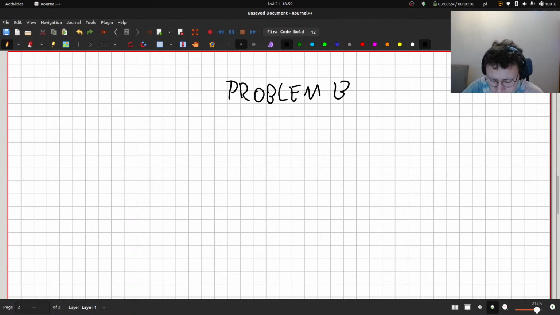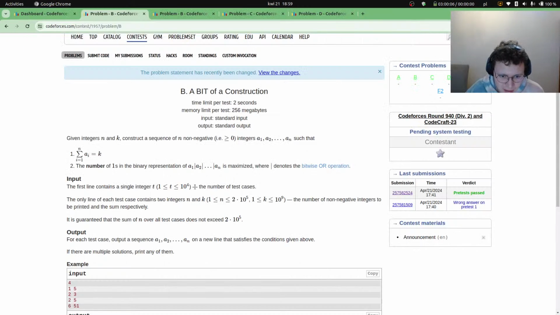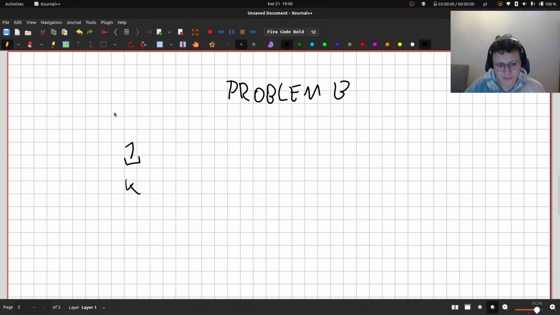So basically the property of OR is that in our OR we have the kth bit set to 1 if and only if at least one number has the kth bit set to 1, right?